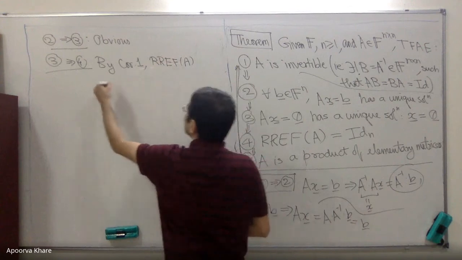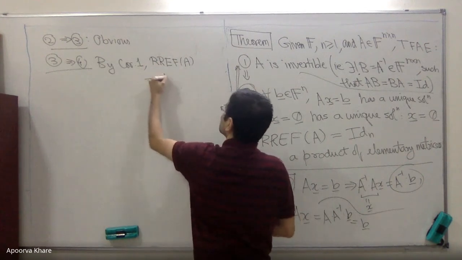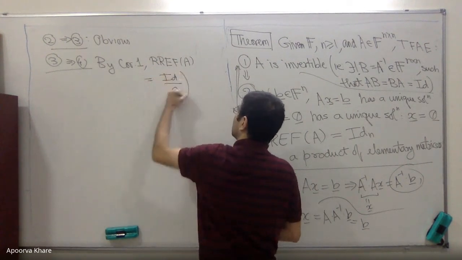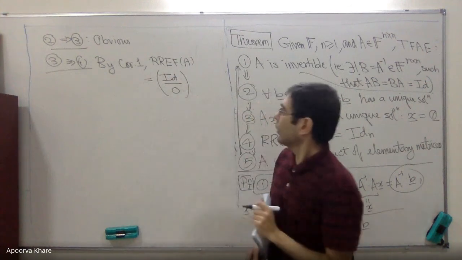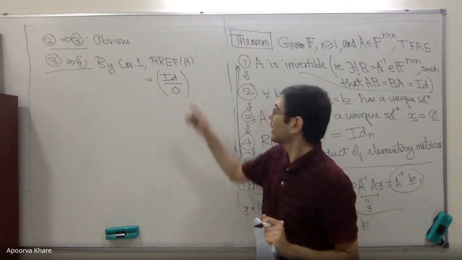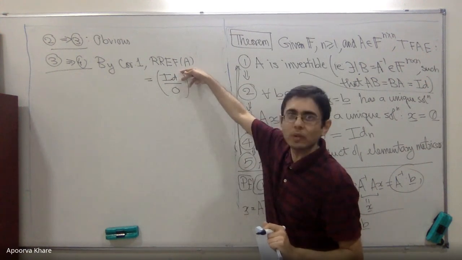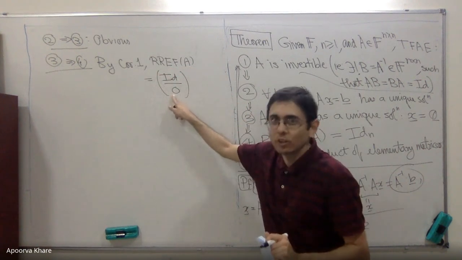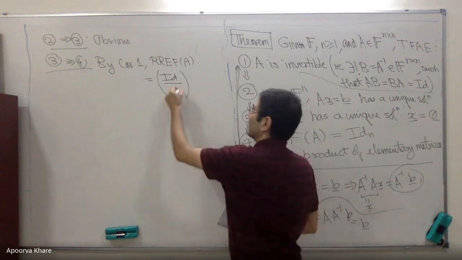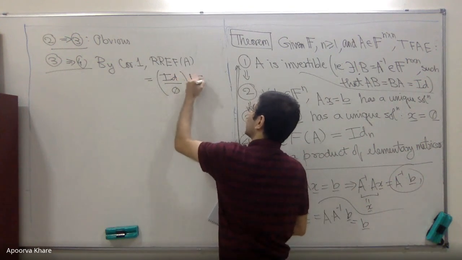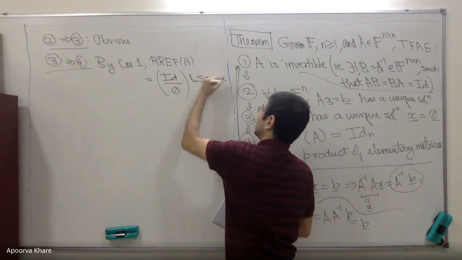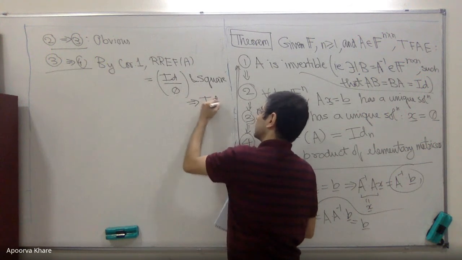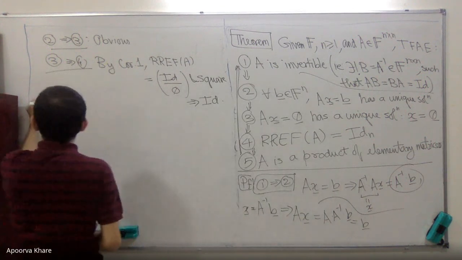We said that actually. It is identity and 0. But the point is, this is a square matrix, so this already is a square part. All the rows and all the columns are exhausted here. There are 0 number of 0 rows. And square implies the identity matrix.